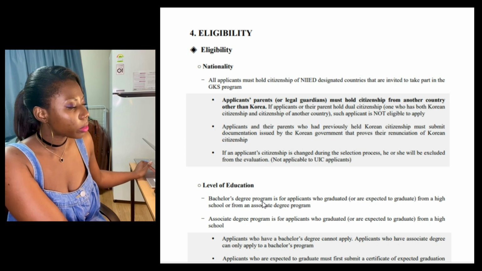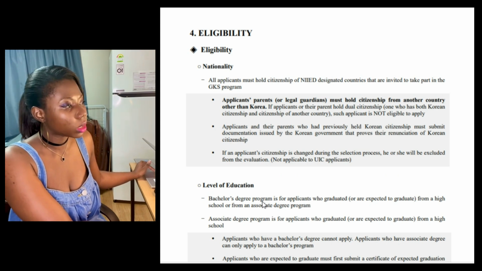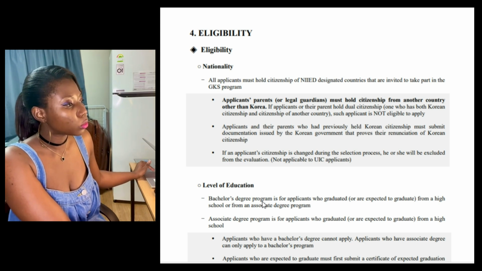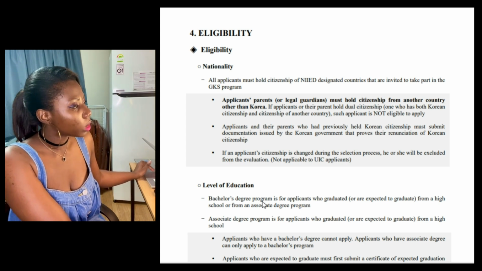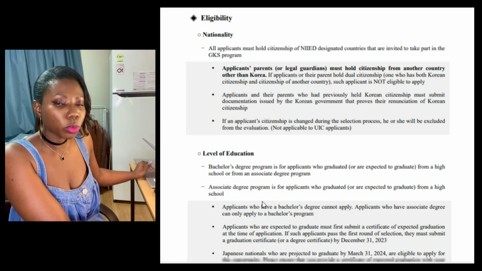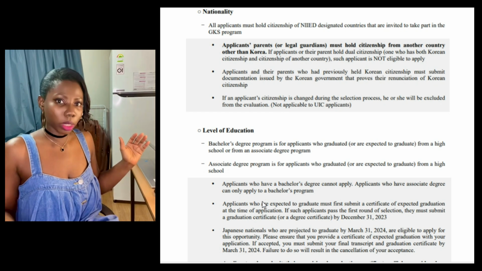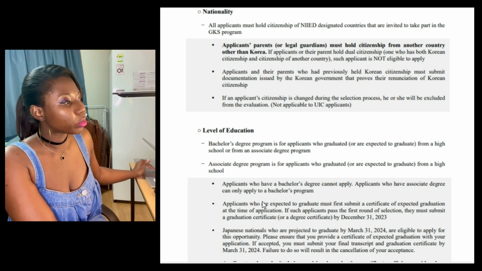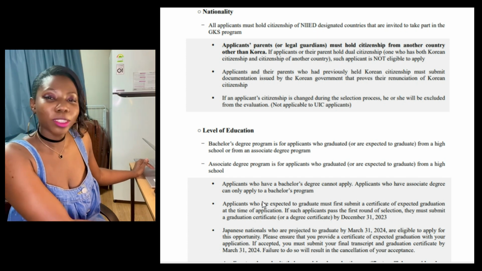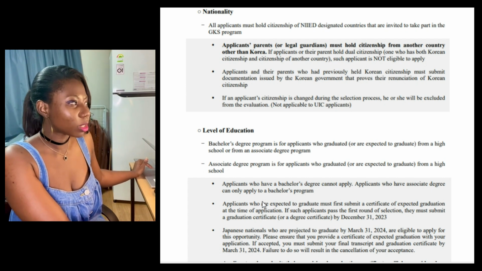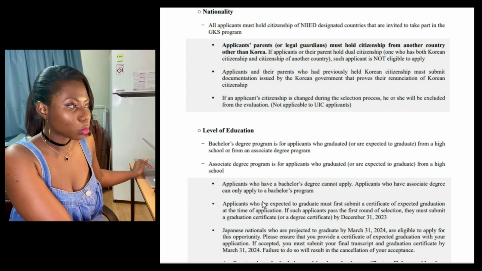Then here, restriction: a person who has graduated or is expected to graduate from a Korean high school or who has graduated from a Korean associate degree program is not eligible. So if you have schooled in Korea, you are not eligible to apply for the scholarship. A person who had previously received a scholarship for a degree program from the Korean government is not eligible to apply.